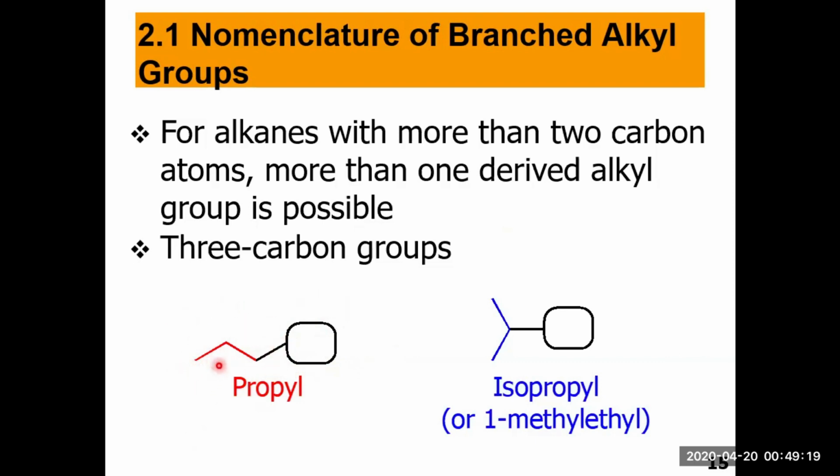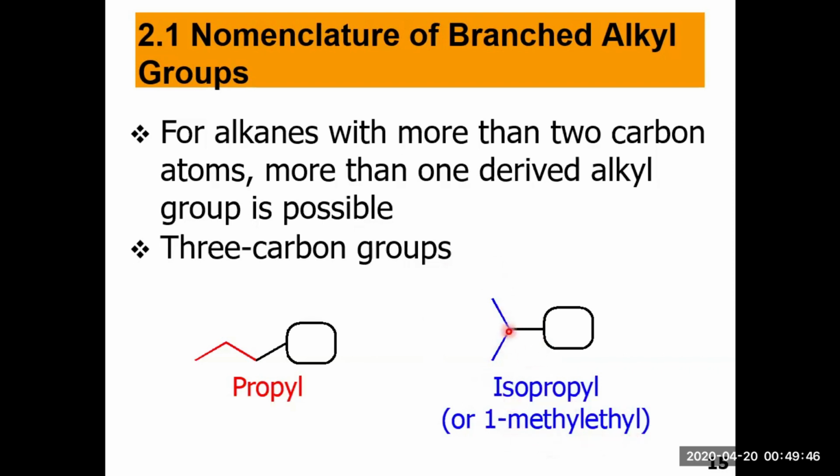If you have a CH2, CH2, CH3, that is a propyl group. If you have this group here, a CH3, CH3, this one is an isopropyl group. This is a common substituent that you need to know by heart. In IUPAC, the name for this one is 1-methyl ethyl. Why is it called 1-methyl ethyl?